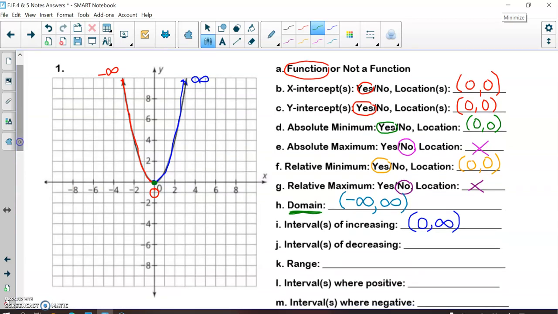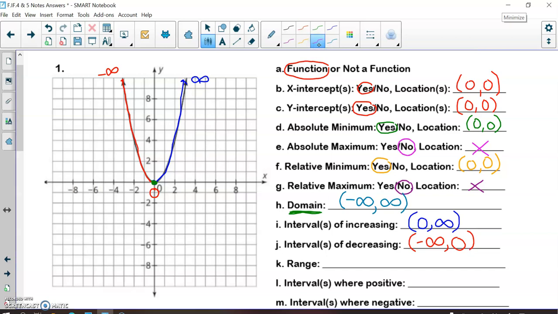So we do not want to include that point because the x value of 0 is when my graph was at the lowest point. So it's neither increasing or decreasing at that point. Now, intervals of decreasing, my y values started to decrease at negative infinity, and they continued to decrease up until the x value of 0. So you always start with your lowest x value and then go to your highest x value.